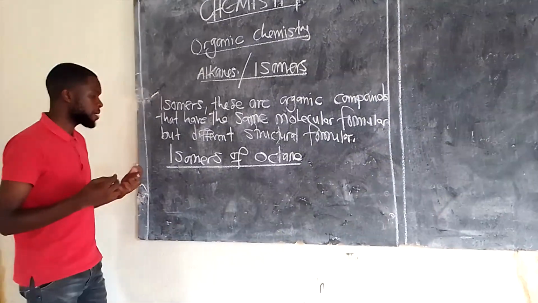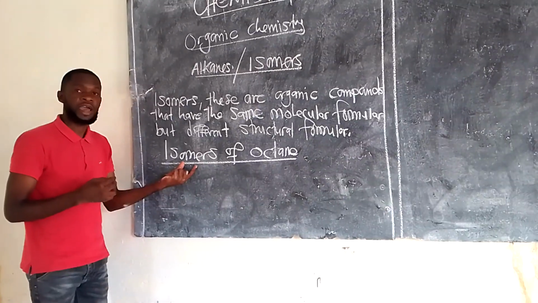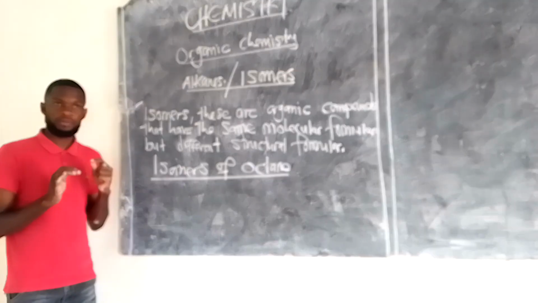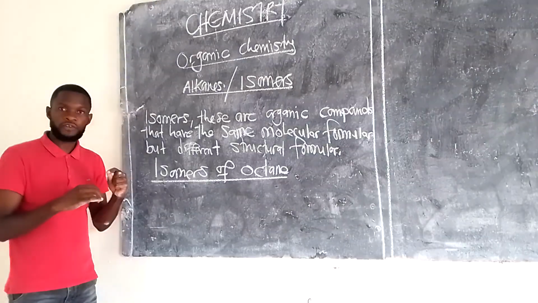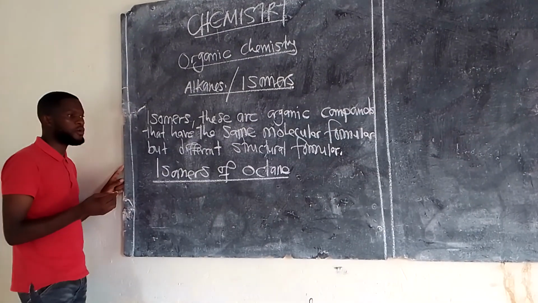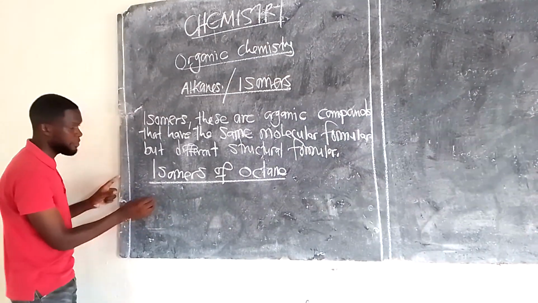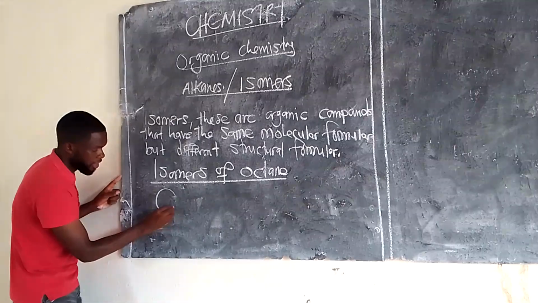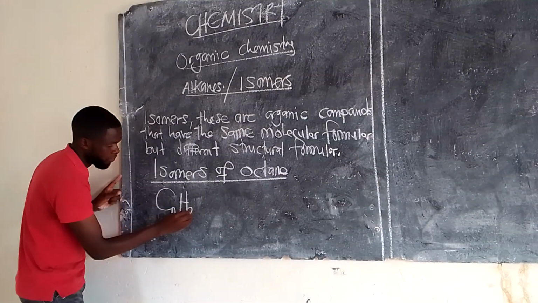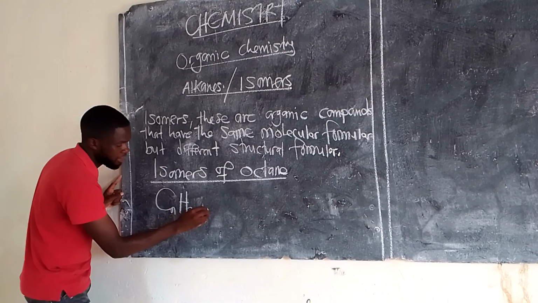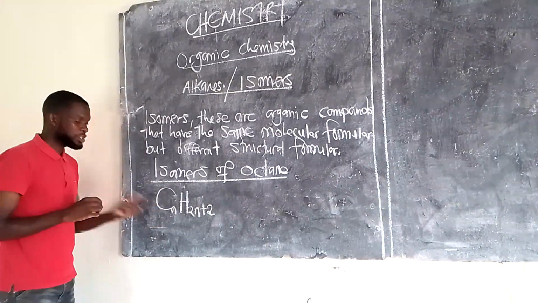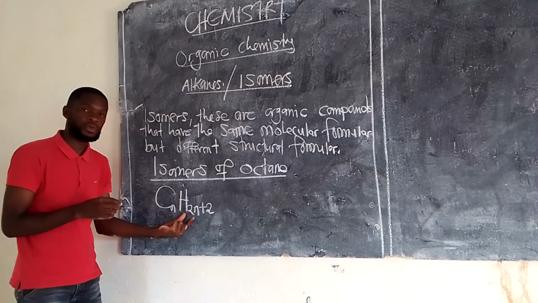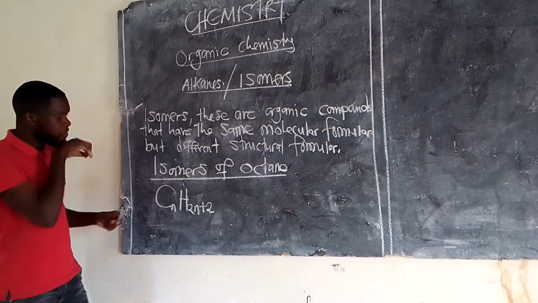We understand that these alkanes have a general formula which all the 10 members conform to. The general formula for alkanes is CnH2n+2.